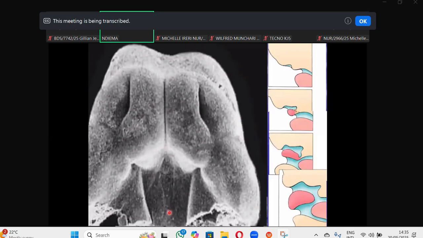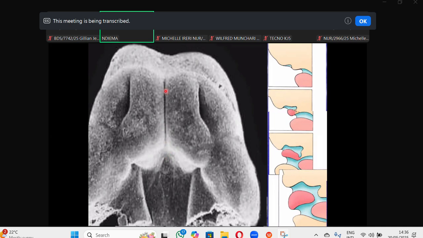What can go wrong during this process? One, we might have inadequate neural crest cells forming the medial nasal swelling. In that case, we will not have fusion at the midline to form the intermaxillary process.